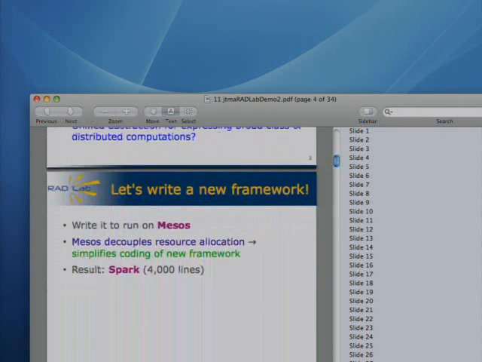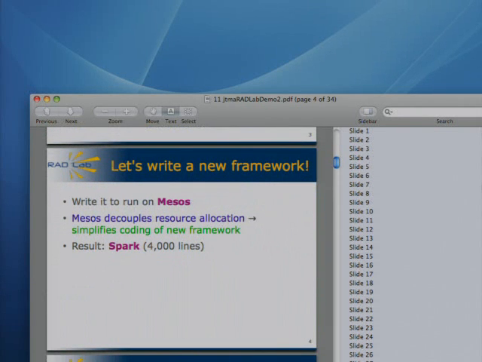To that end, we decided, let's write a new framework. Spark emerged as a special case of the Mesos project, but now we're pushing it in a different direction, which is to make it a little more general purpose. We write it to run on Mesos, and this dramatically simplified the code base, because Mesos decouples resource allocation from the framework.